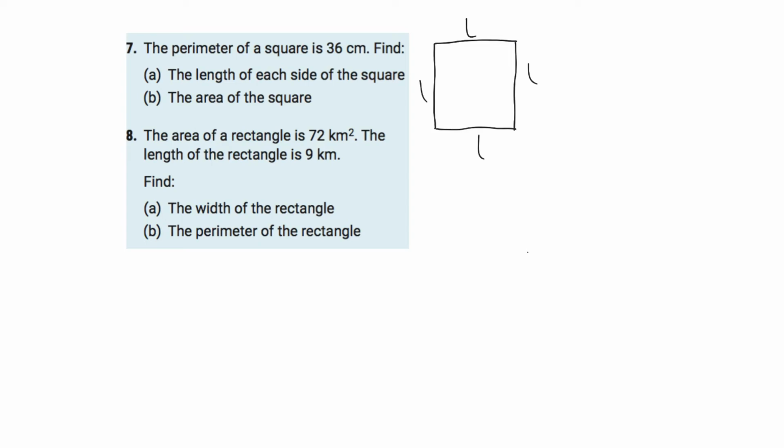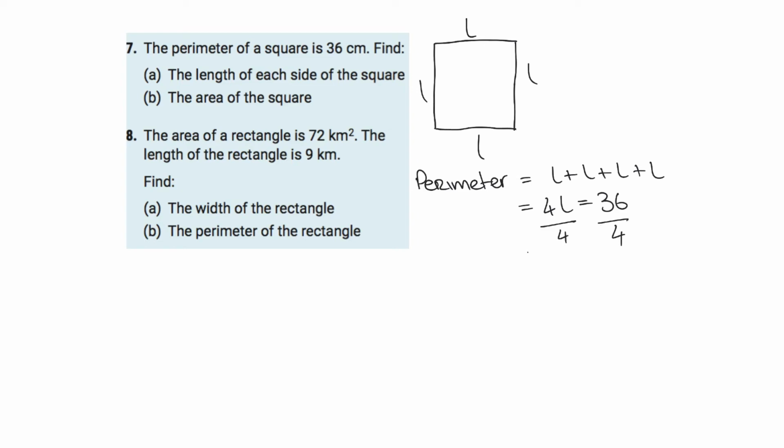So the perimeter of this square will be L plus L plus L plus L, which is 4 times L. And 4 times L is equal to 36. We're told that the perimeter of this square is 36. So if 4 L's are equal to 36, well then using our algebra, if we have 4 times L equals 36 and we want to know what L is equal to, we have to divide both sides by 4.